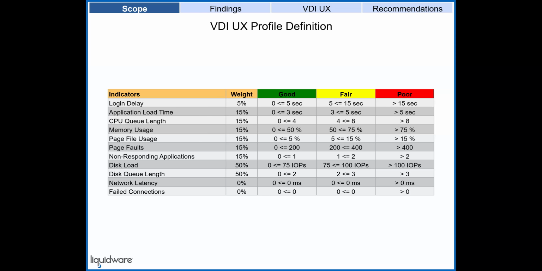Next up, we have a little bit of a precursor of things to come. This is the UX profile definition. Now, remember, Stratosphere is a learning appliance, meaning the second you turn it on, it's immediately going to learn about your environment and your users. And what we'd really like to be able to do is take that learning process and feed it into a predictive analytics algorithm. So, obviously spoiler here, but we're going to talk about that a little bit later.